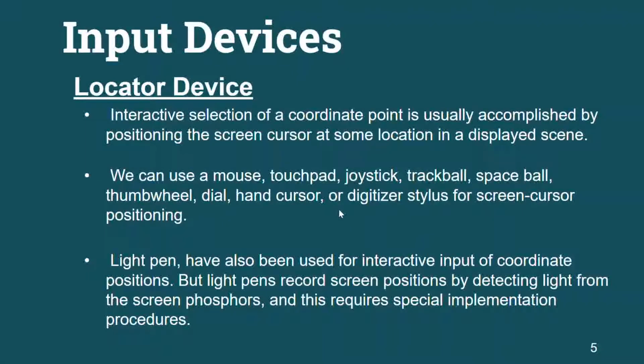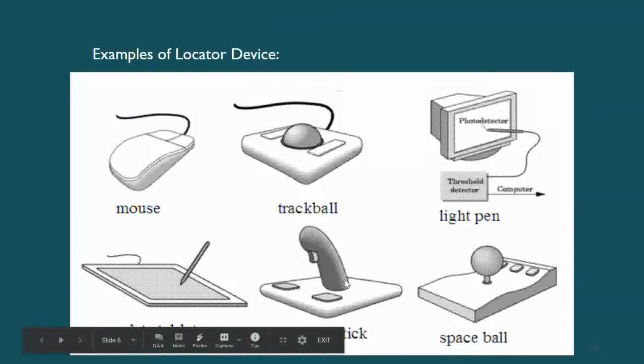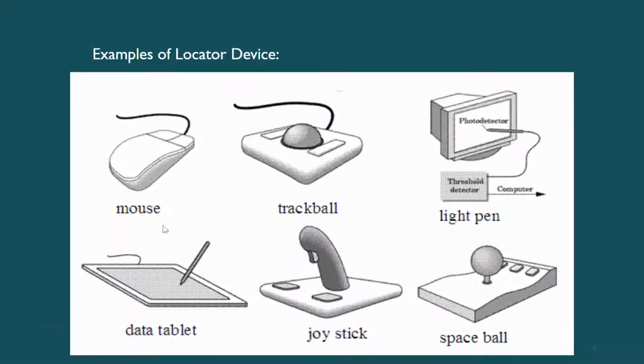You can also use a light pen as a locator device, but it needs a little extra implementation since it works from the light produced by the screen. As you can see, these are the common devices that fall under this category.